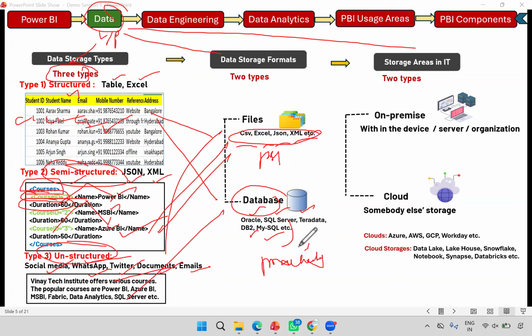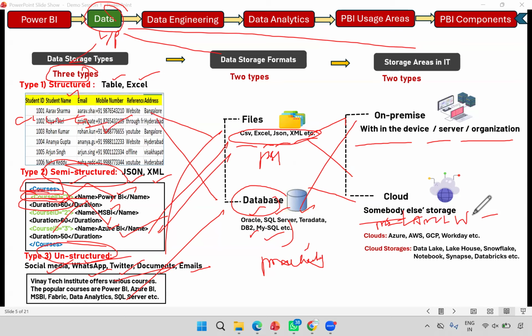And this information, again, they keep in two areas. One is on-premise. On-premise indicates within the device, within the server, within the organization's storage. The other is cloud, somebody else's storage, maybe Microsoft cloud or Amazon cloud or Workday cloud. It could be any cloud.